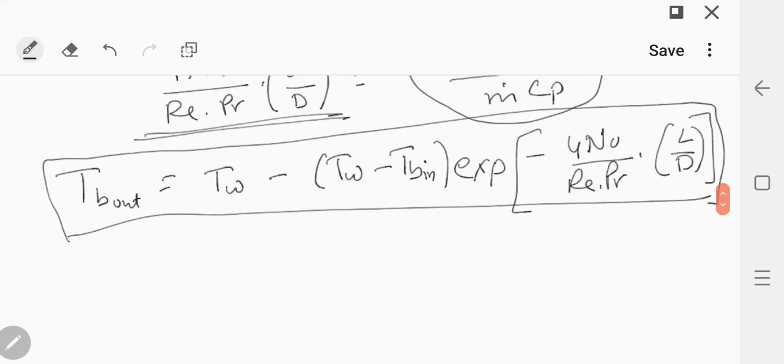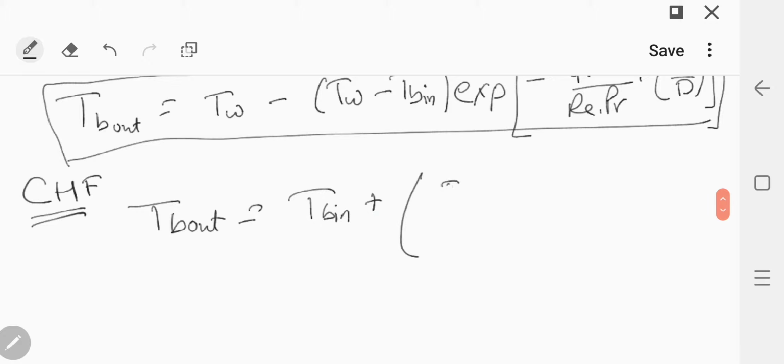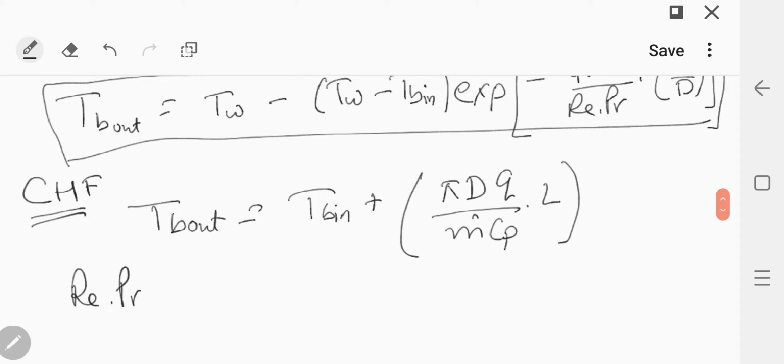Clear? Now for constant heat flux conditions, Tb out was Tb in plus pi d q L by m Cp. Right. Now for this, if we multiply Reynolds into Prandtl, we'll have d V rho by mu into Cp mu by K. Now this mu gets cancelled with this.